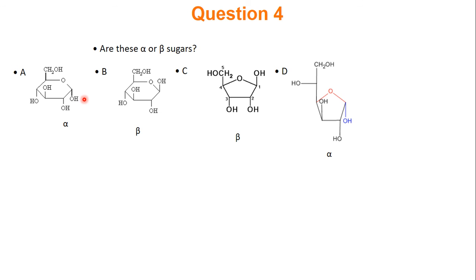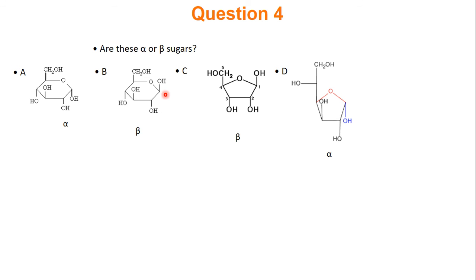Once we have that, we can start talking about what is alpha and beta. For an alpha sugar, you find your anomeric carbon and you find what direction the OH is pointing. Here the OH is pointing down. If your CH2OH group is pointing in the opposite direction, that's called an alpha sugar. So OH pointing down, CH2OH pointing up, alpha.